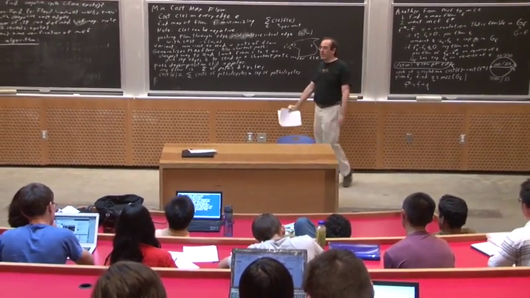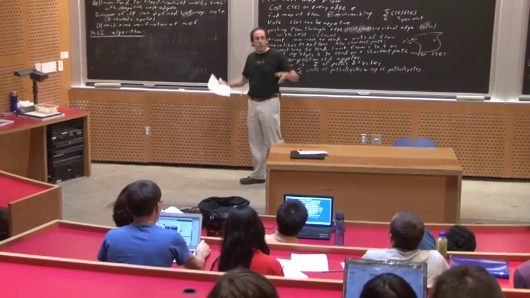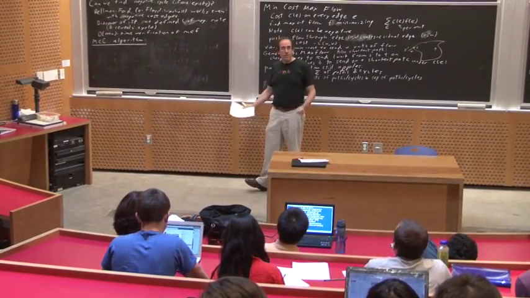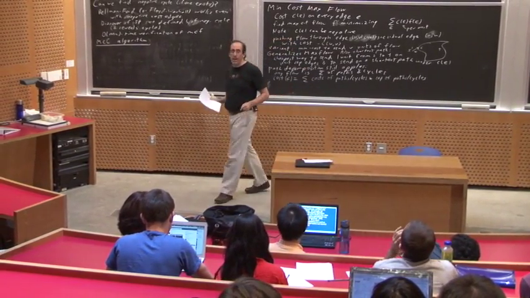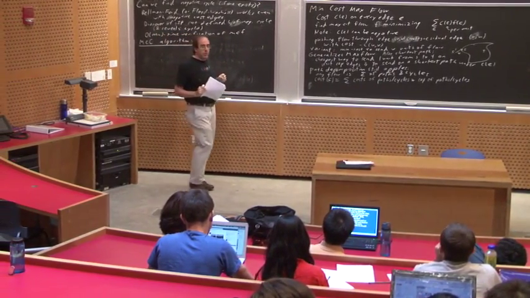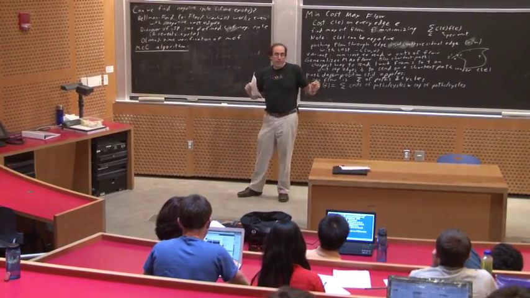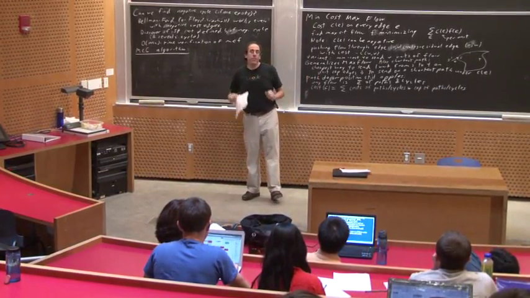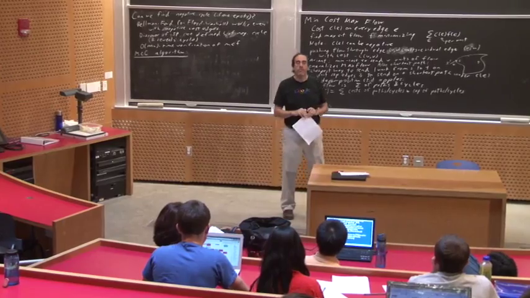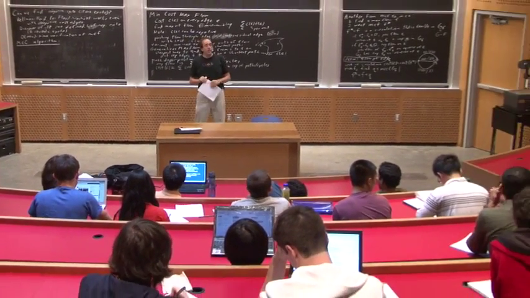If we don't have a min-cost circulation now and we can do something that makes our current solution cheaper, or extracts more profit from the network, then we should do it. So what procedure can we use in order to take a current circulation and make it into a cheaper circulation? Yes? Look at the residual circulation.